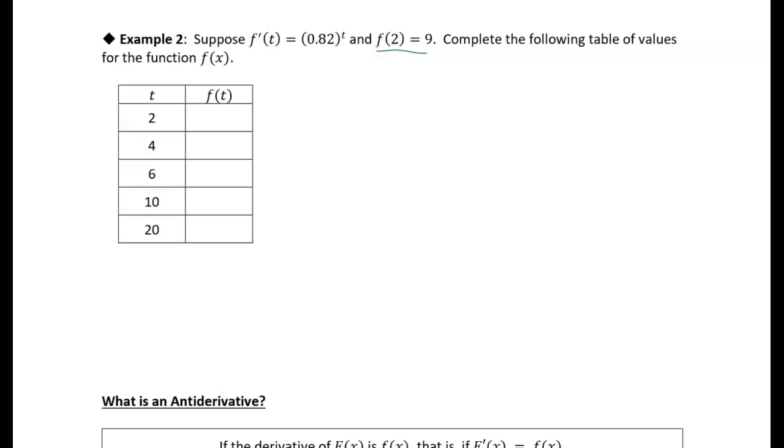We're told that the function value at 2 is 9, and we're given the derivative. We're asked to complete this table for the function itself, and we're given an equation for the derivative. So what we're going to do to solve this is use the fundamental theorem of calculus.